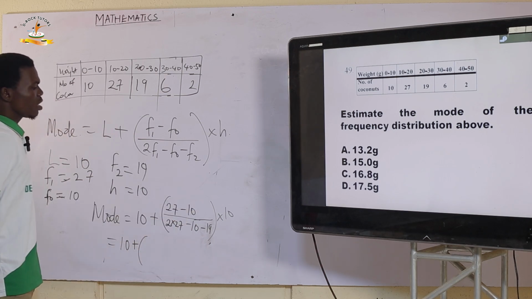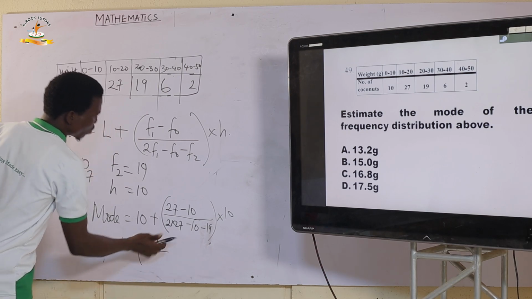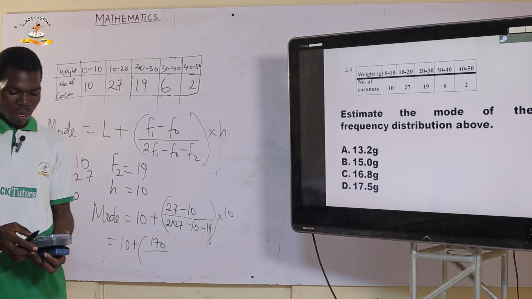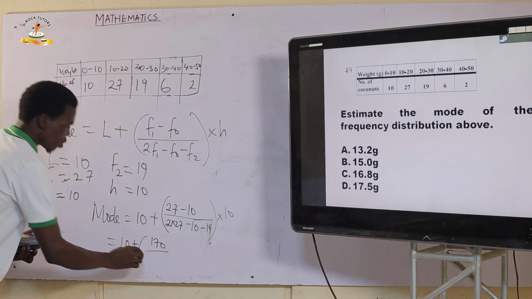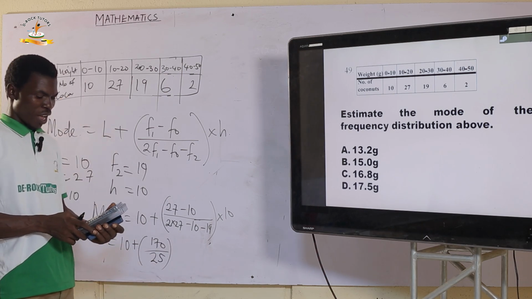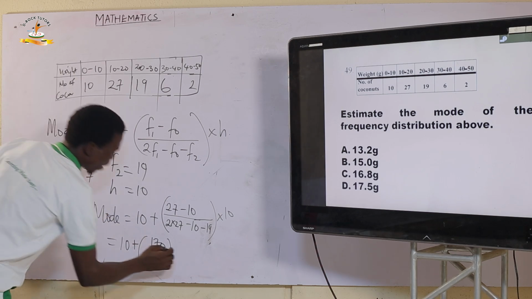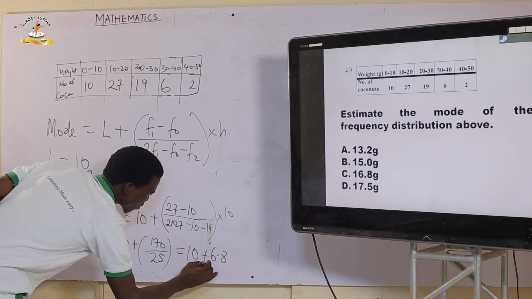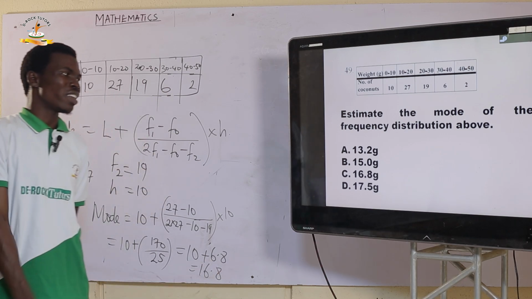This is going to be 17 times 10, which is 170. This is going to be 54 minus 10 minus 19, that's 54 minus 29, and this is simply 25. So you say 170 divided by 25, and that is simply 6.8. So our answer is going to be 10 plus 6.8, and that is 16.8. And the answer there is going to be option C.